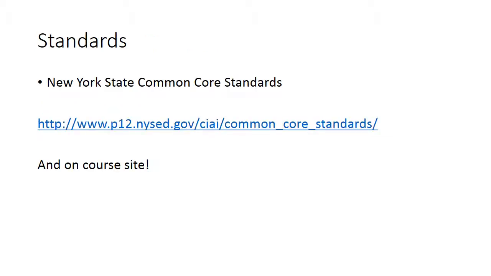For the learning outcomes, you need to reference the New York State Common Core Standards. We've talked about those in this course before. I've provided you the link here in this file. I've also provided the language standards and the math standards on the course site, so you can reference those.